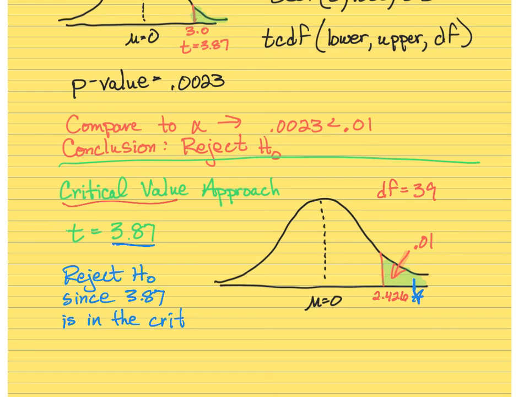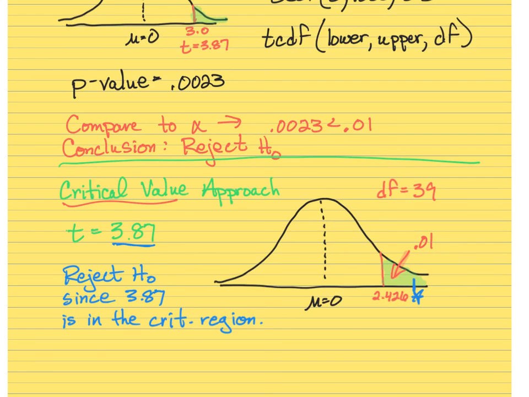Now, I just show you these two different approaches because the first approach, you have to use technology really to find the p-value, to find an accurate p-value. The second approach, the critical value approach, lets you use the table that we have, which is fine for the critical value approach, and lets you come to a conclusion. Either way, you're going to get the same result, so we shouldn't be surprised by that.